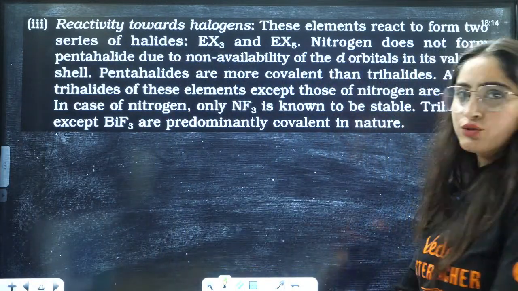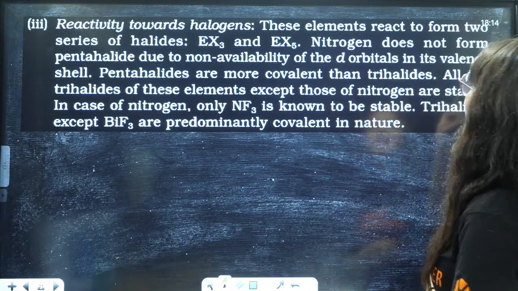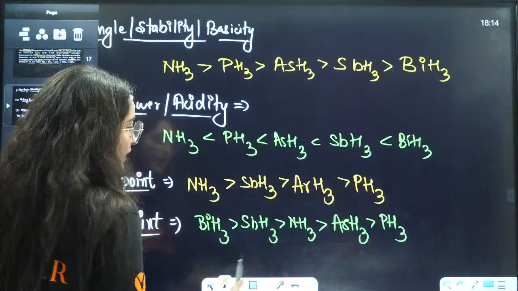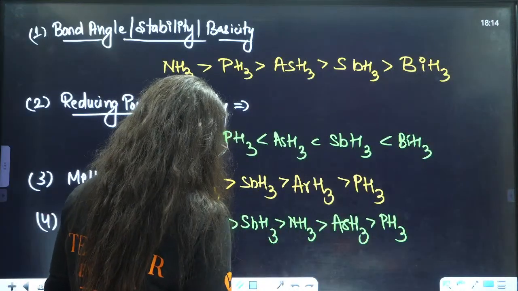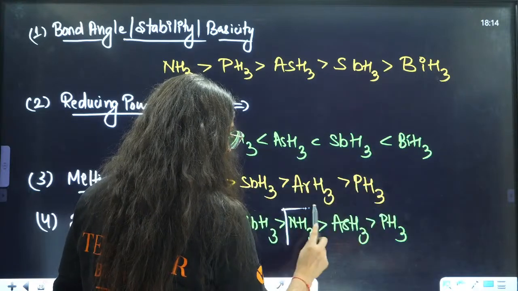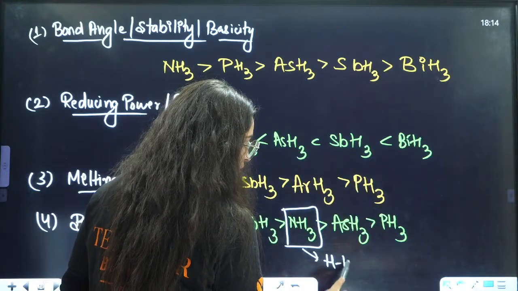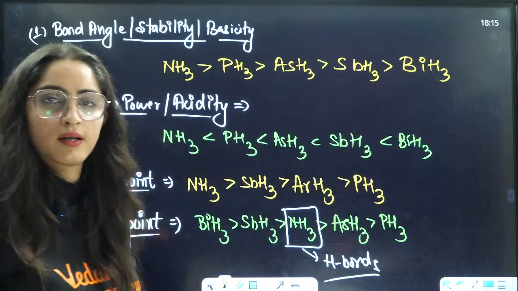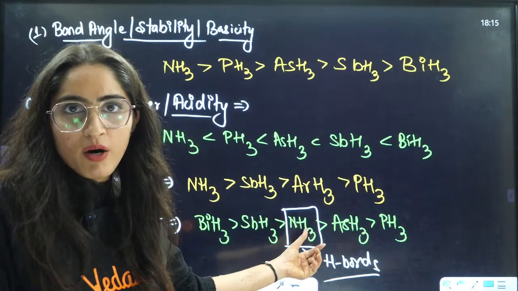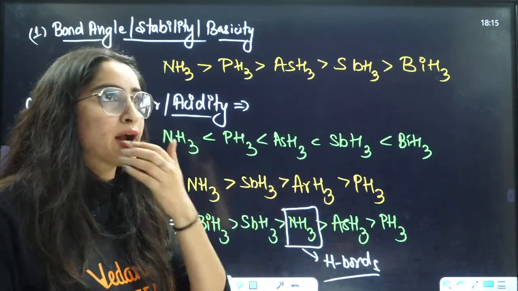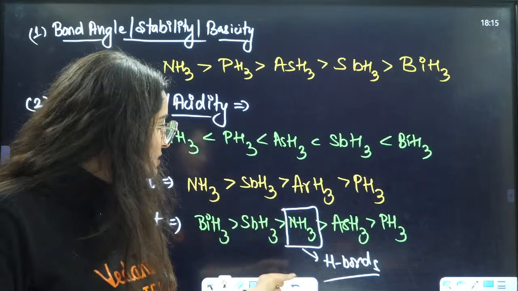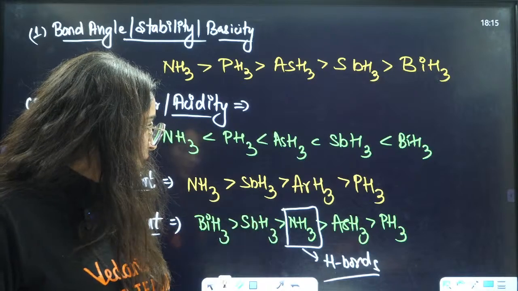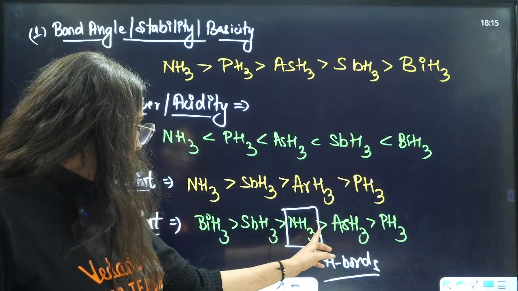So from halogens, what we can see, these elements react to form NH3. Okay, one thing I forgot to tell you: why is NH3 in the middle? Because of the hydrogen bonds. The strength of this hydrogen bond is strong. That is the reason it will be in the middle, right? Maximum will be this one, then this one, then you have, wait a minute, arsenic.